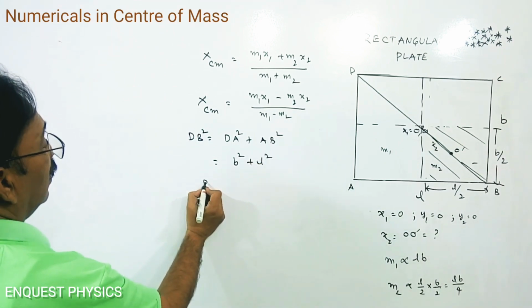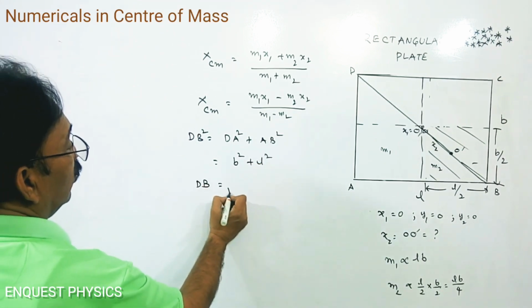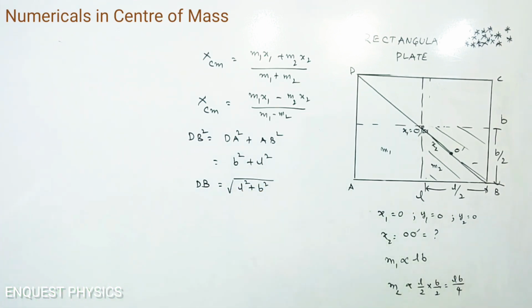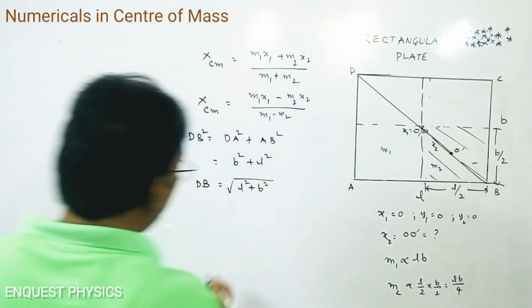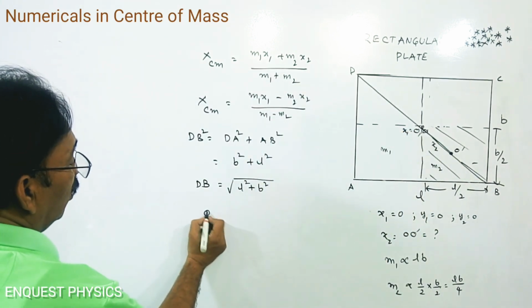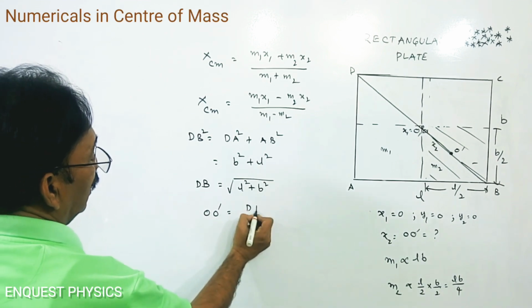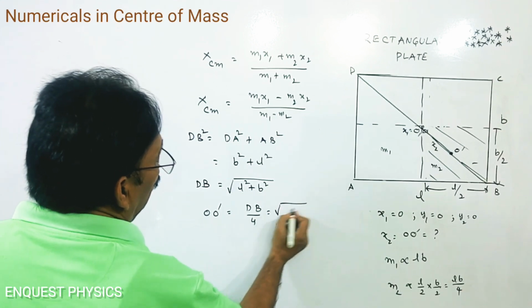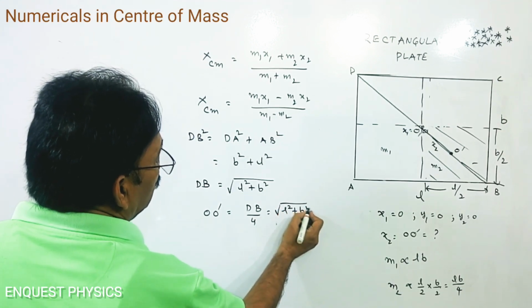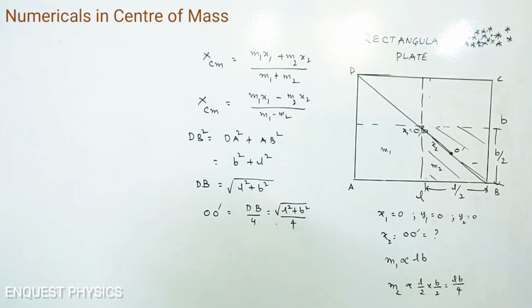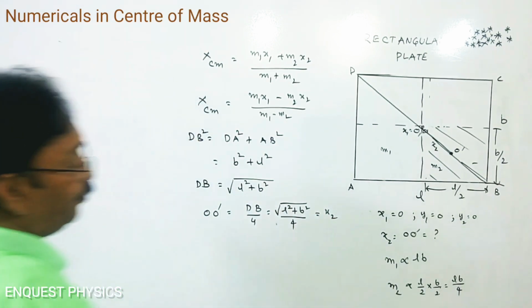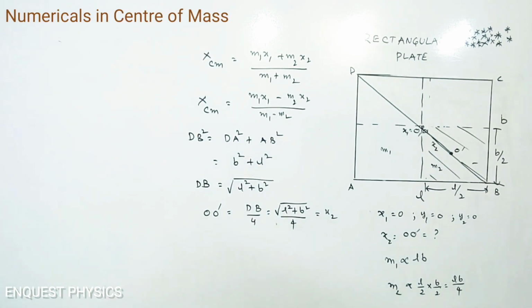That is, DB is equal to under root of L squared plus B squared. Students, we need to find out O dash. Obviously it is the fourth part of that, so O dash is equal to DB by 4. It is root of L squared plus B squared by 4, and you know that it is equal to x2.